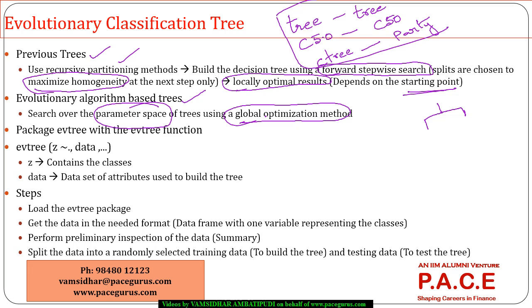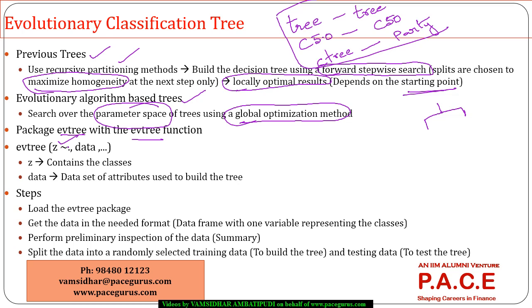So till now, for the data that we have considered, we have got 58% accuracy with the C5.0 algorithm. This one works with the package evtree, and the function is also evtree, which is nothing but the evolutionary classification tree.